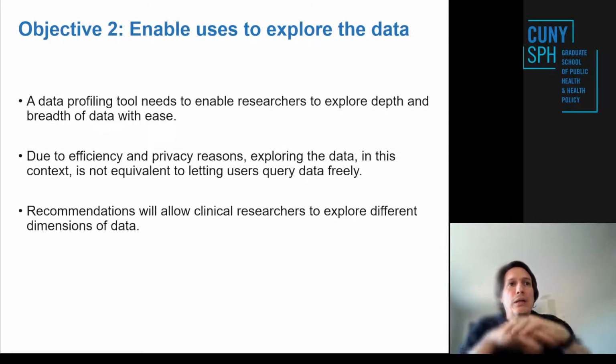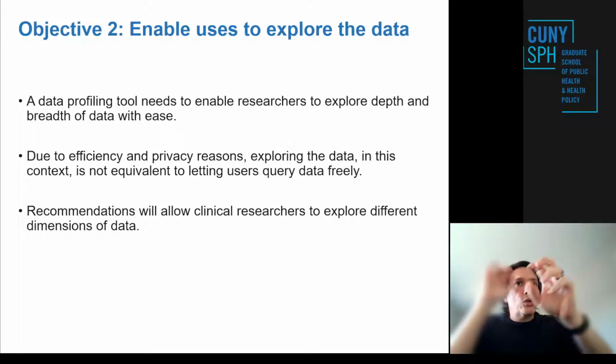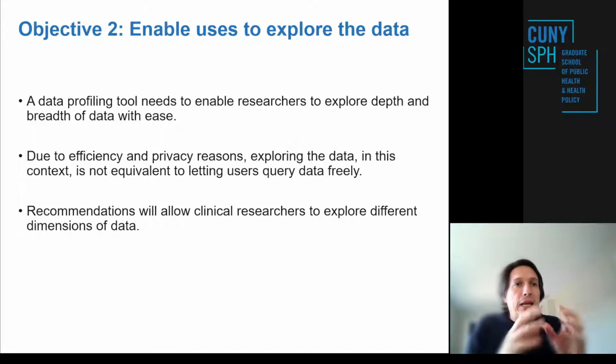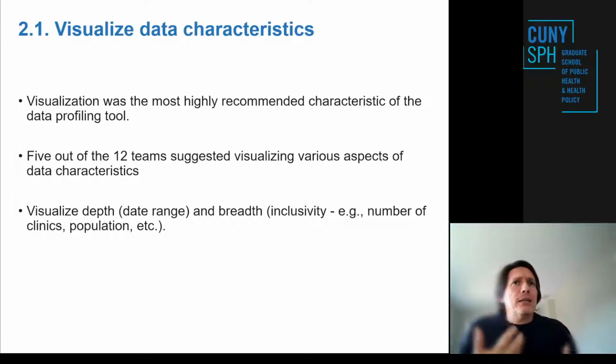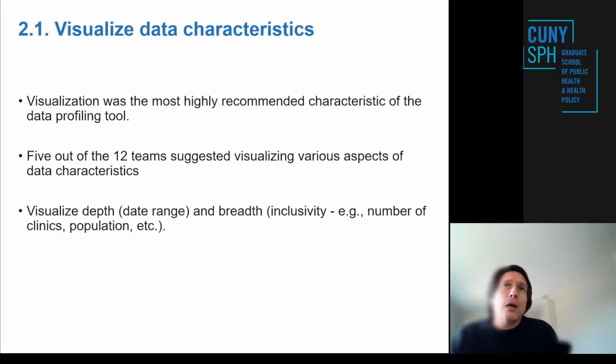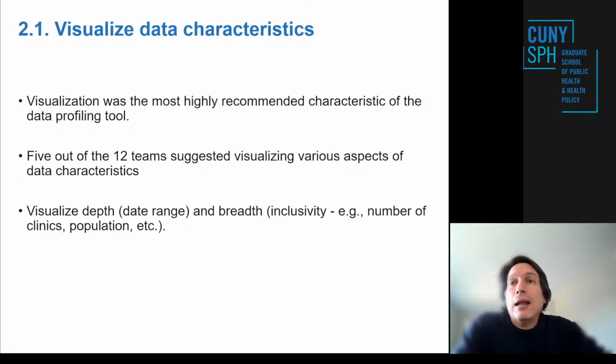For example, you can have a representation of data points where you have missing data. You can have timelines or, depending on the data set, there are different representations that you can think of to represent that data in a visual way.